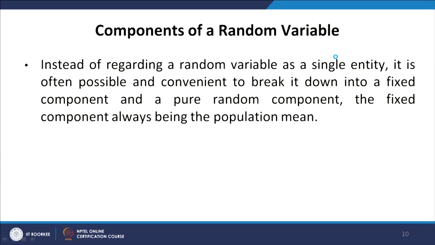Now, we talk about the components of a random variable. Instead of regarding a random variable as a single entity, it is often possible and convenient to break it down into a fixed component and a pure random component, the fixed component always being the population mean. So, basically we are trying to bring in some kind of certainty, because as I told you in the beginning, random variables have certain randomness in them, and randomness is difficult to predict.